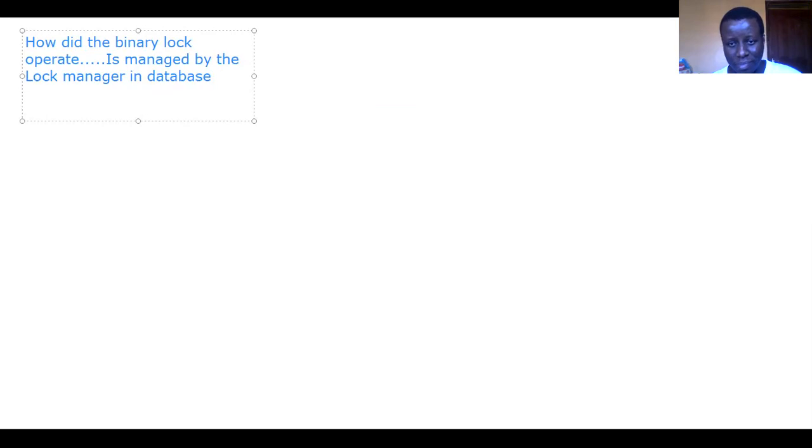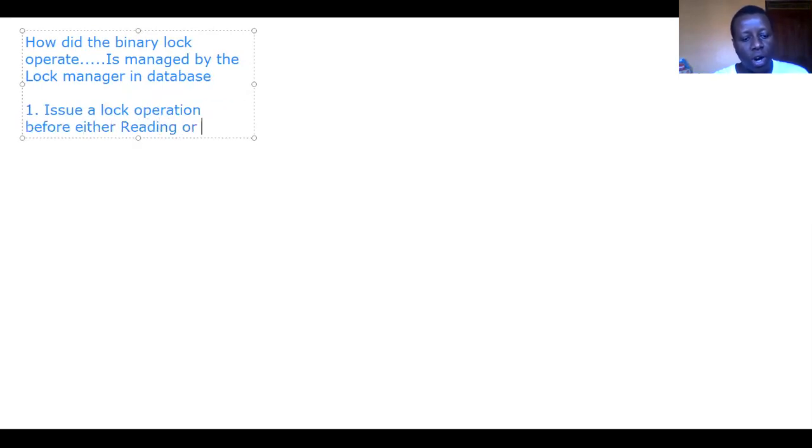So what it means is that when you're performing a lock operation, the transaction has to, first of all, issue a lock operation before either reading or writing a data item. That's the first thing you had to do.